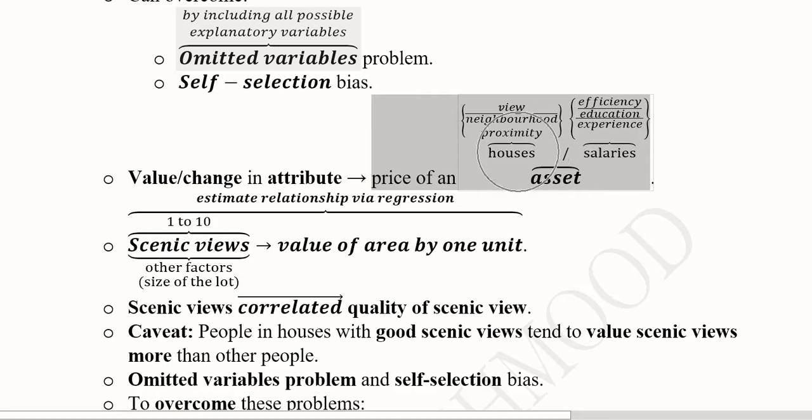If a real estate has a good view, it is going to have a greater price, and if the neighborhood is good, the house will have a greater price, and if it has proximity to good facilities, then again the price will be higher. When it comes to salaries, they depend upon the efficiency of the individual, his education and his experience, among other traits. So these are various hedons or features that increase or change the value of an asset.